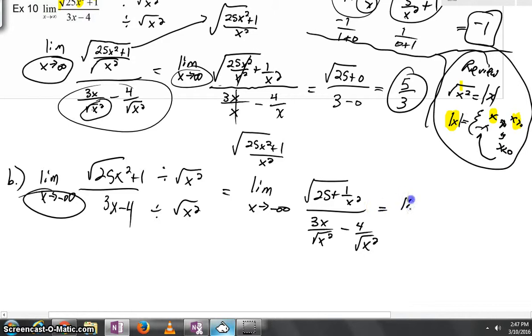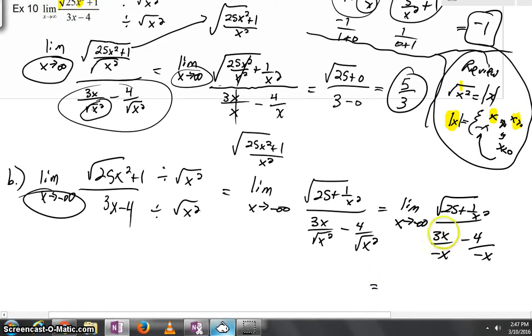What are we really getting at? We're getting at this. Yeah, you've got 25 plus 1 over x squared here, but this becomes 3x divided by negative x. This is negative 4 divided by negative x. Negative x's have been introduced. This changes everything.